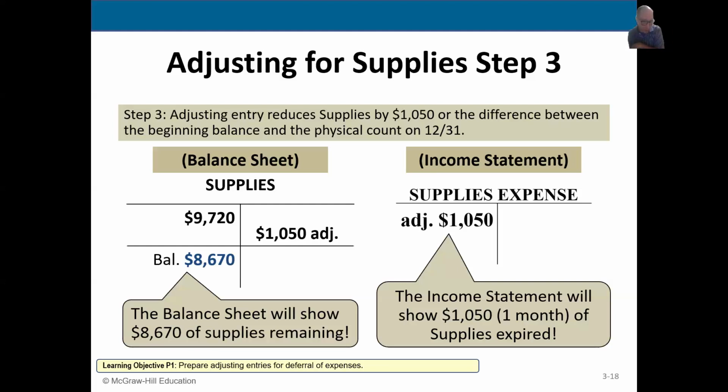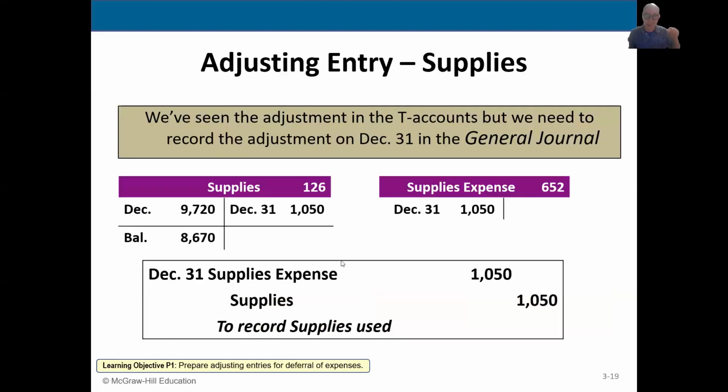I can't go into January with supplies expense because it's a different accounting period. Right? That's why we do the adjusting entry. So debit supplies expense $1,050, credit supplies $1,050 to record the use or consumption of that supplies.